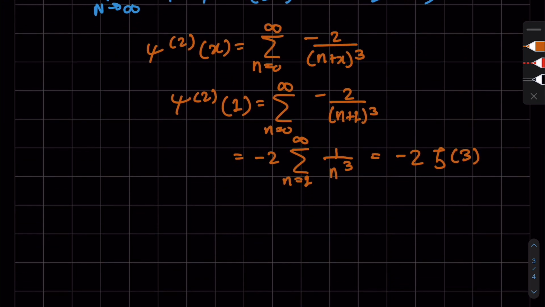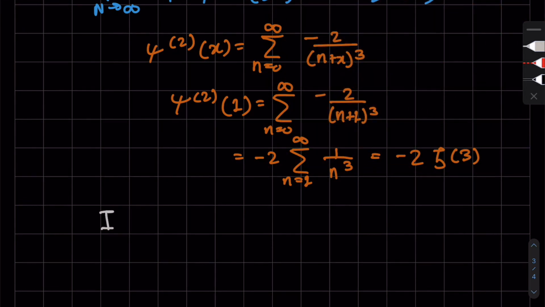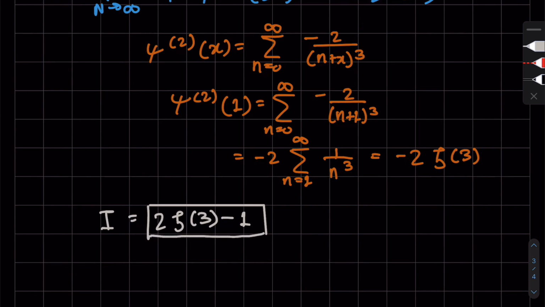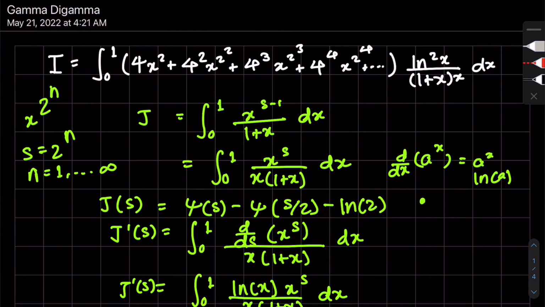So finally, it gives me immense pleasure to write the big answer down. 2 times Riemann zeta of 3 minus 1. That's the value for this crazy integral that has this infinite tetration kind of looking series for x inside. This is 2 times Riemann zeta of 3 minus 1. There we go, we solved it.